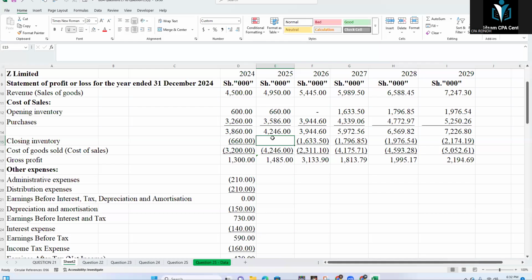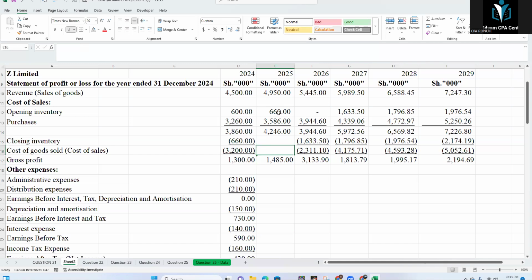Let's figure out how we get to the closing stock. We have this and we have this. We have the gross profit. Let's remove this first. How do we get the total cost of sales?